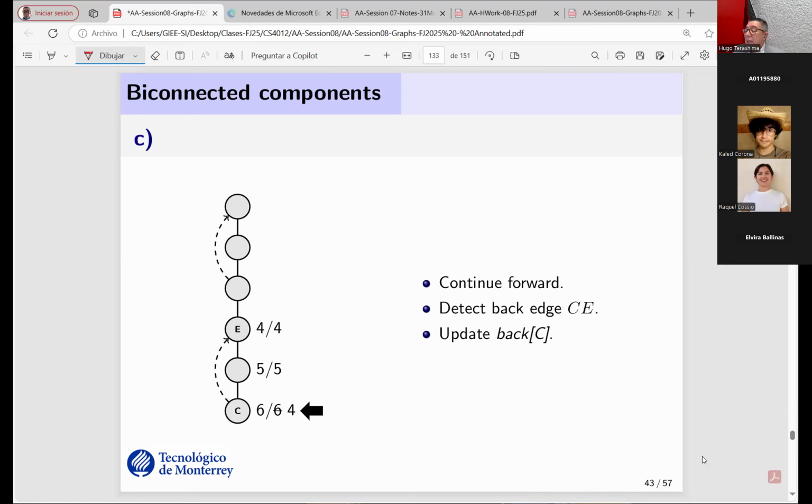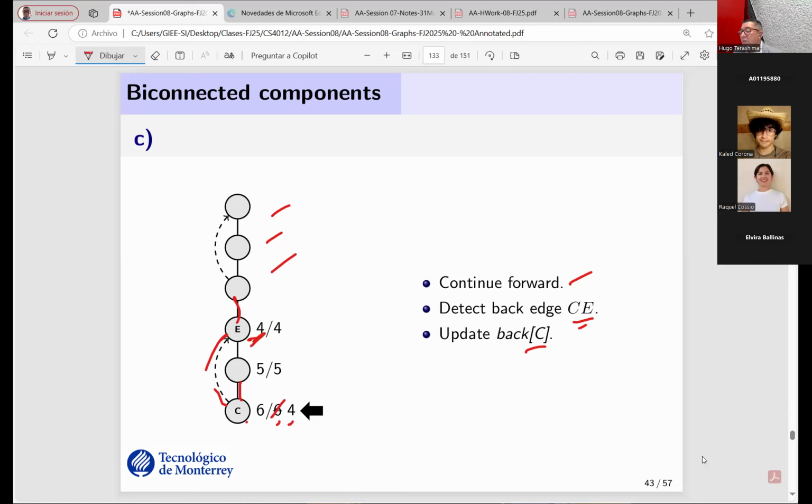These values are updated, but the search continues, and then it's going to continue forward and detect C and E. It detects this back of H, C and E, and updates back of C. Back of C is going to be the minimum of 6 and 4, which is the DFS of E, right?